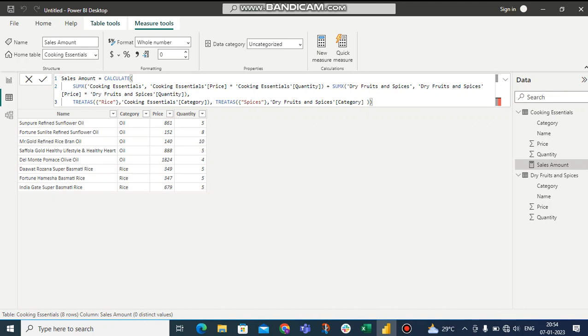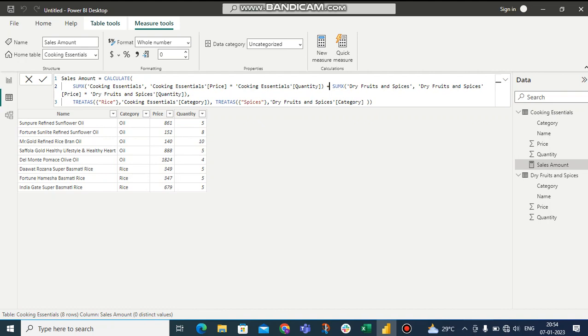But for that I have used the SUMX function. What is SUMX doing? From the cooking essentials table, it is calculating price multiplied by quantity. So SUMX is summing up the category-wise price times quantity values from the cooking essentials table.